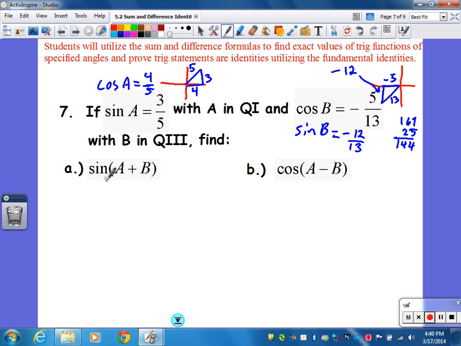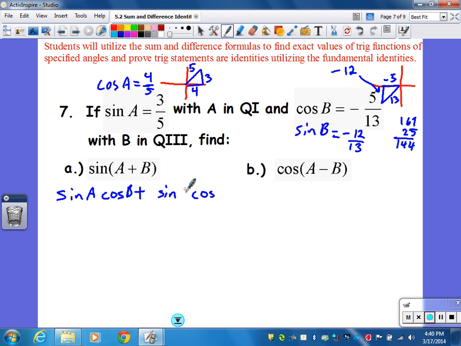Okay, so I have sine, so I'm going to put sine cosine, keep my addition, and then cosine sine. Well, now I need my A, which is going to be like that, cosine B, sine A. Oh, don't do that. You want to make sure we keep our proper things in order.